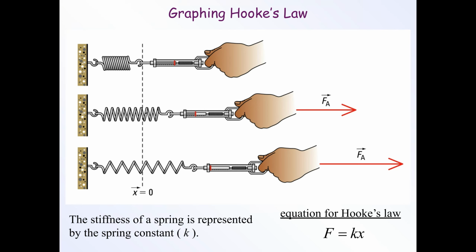As you pull it out, this would be the X value between this line and here. Then our force applied is going this way. The force always wants to pull it back to equilibrium, so the force applied is opposite of the force that the spring wants to pull back.